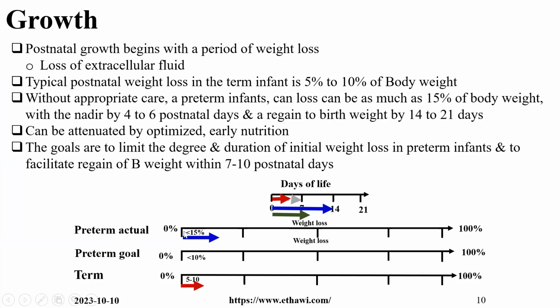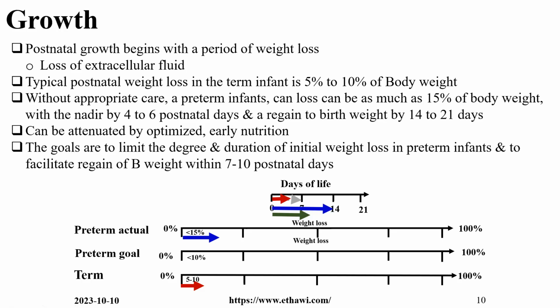A preterm baby loses about 15% of their weight, while the goal for a preterm baby is to lose less than 10%. So we have to make every effort not to allow the baby to lose more than 10%. And for the term baby, we have to keep the loss less than 5% as much as possible.